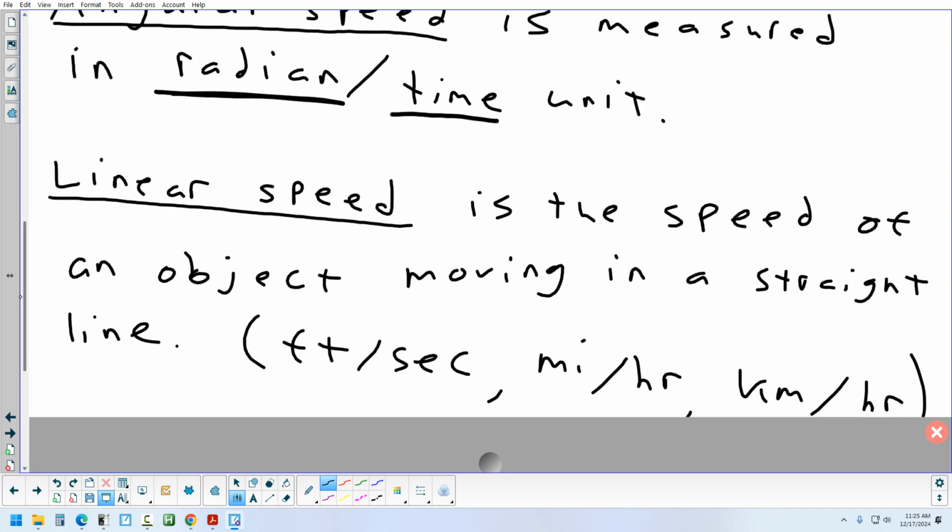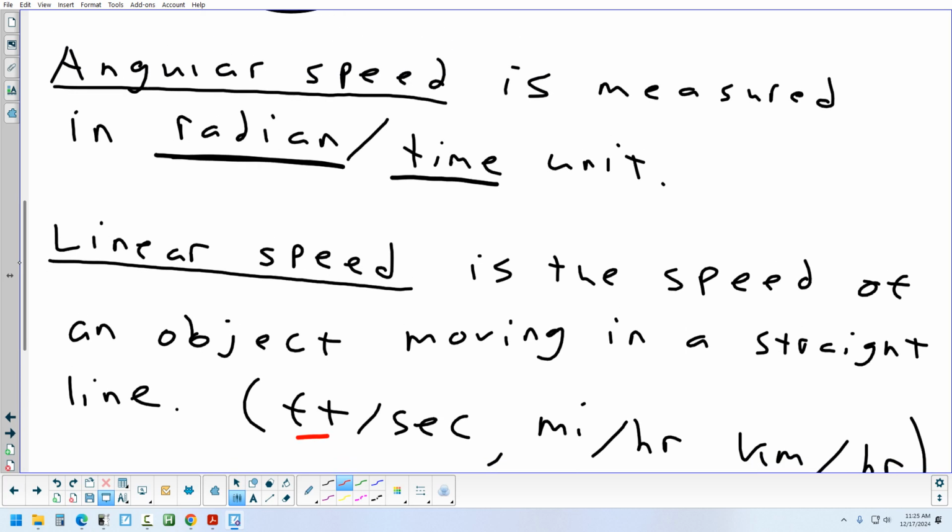So it still could share the same kind of time unit, but it's a very different way of measuring distance. One way uses revolutions, radians, or degrees. The other way uses feet, inches, miles, something like that. And what we're going to do is convert between the 2.